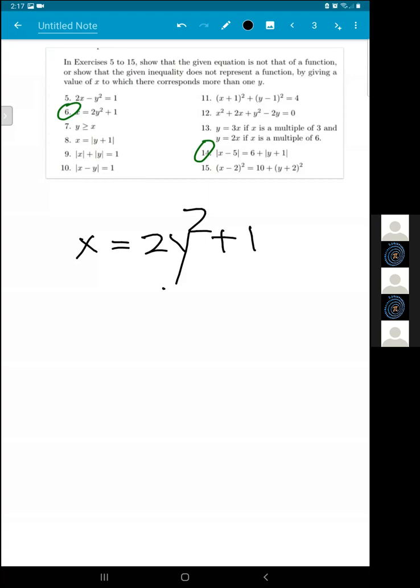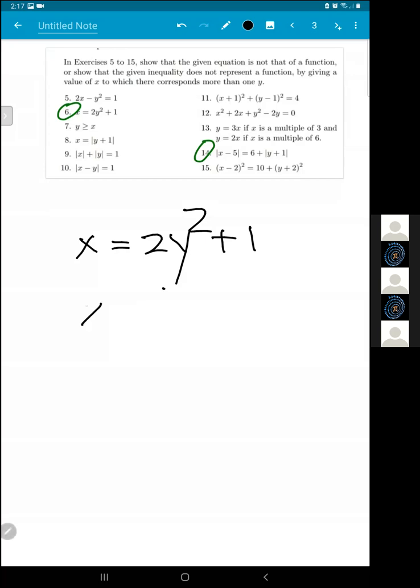And actually, there are a lot of such x values. In fact, there are infinitely many. So all you have to do is give one. So you can just try a value for x. Any value will do.